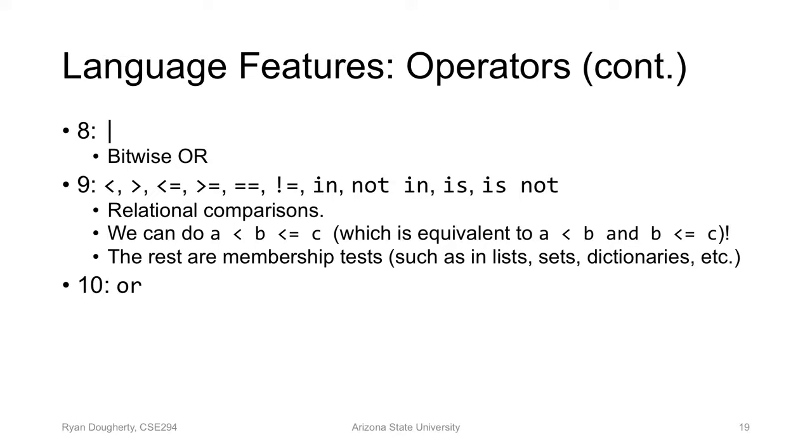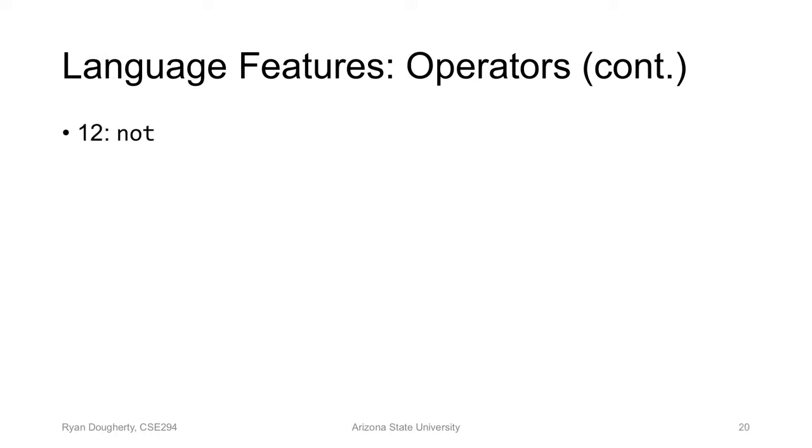It actually behaves exactly the same as in Java, but it's little o, little r instead of two vertical bars. Yeah, it's just Boolean OR. And is Boolean AND. So it takes two operands. If both of them are true, then it returns true. Otherwise, it returns false. Okay? It's just like the double ampersand that you've seen before.